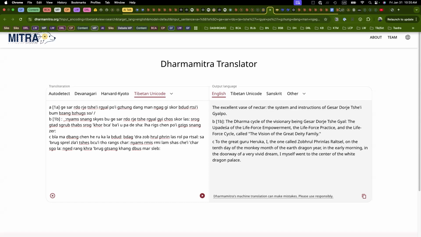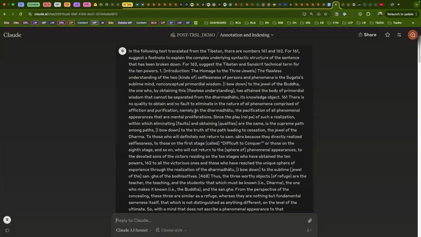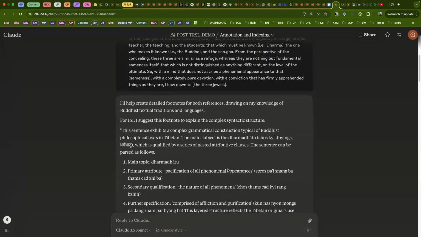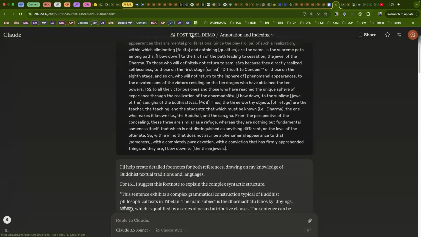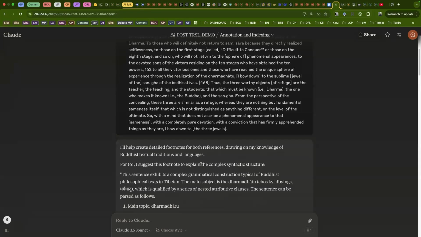Yeah. So maybe just before closing, very quickly, because I had a question recently by email on that. We can use Claude 2 to produce annotations and indexing. I'm still very much experimenting with this, but if you have your own documentation, you can, as I showed earlier, upload your own glossary or your own notes in the project documentation there, and then you can tap into that for Claude to write notes.